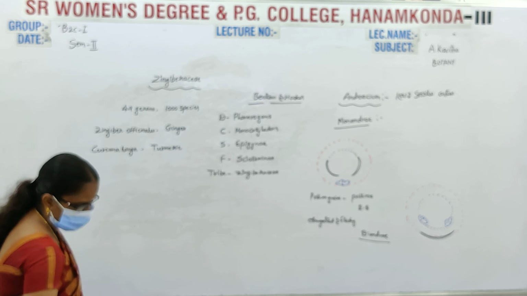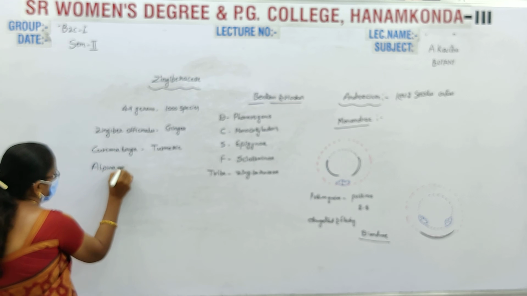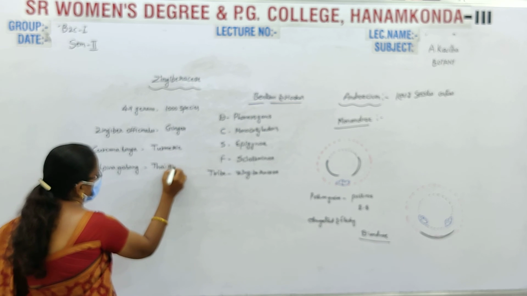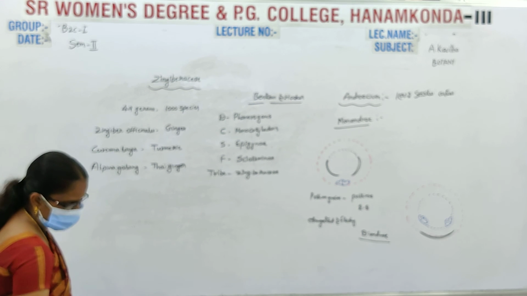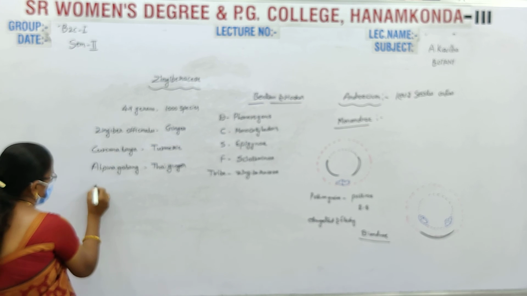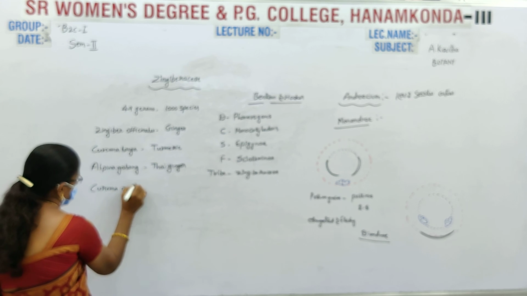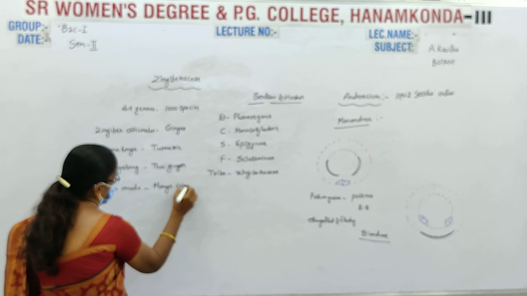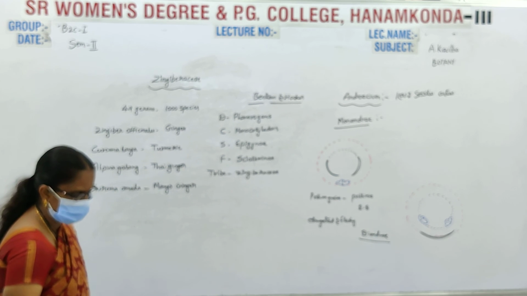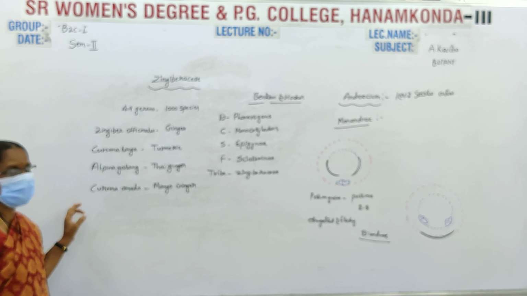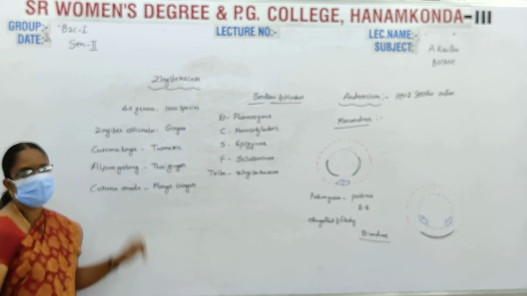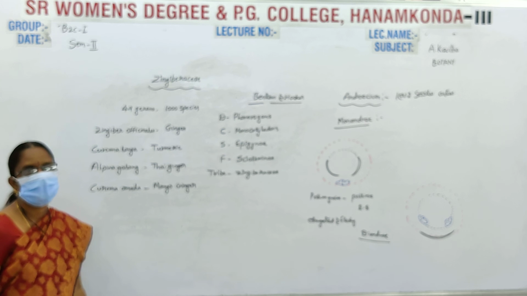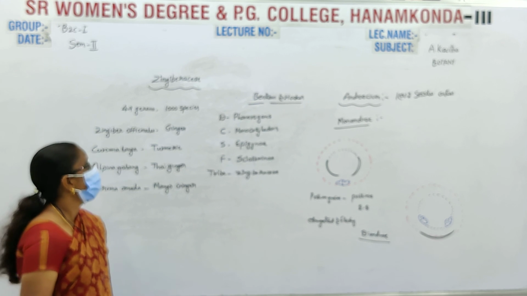Alpinia galanga, toy ginger. And Curcuma amada, mango ginger. These are the examples of the Zingiberaceae family.